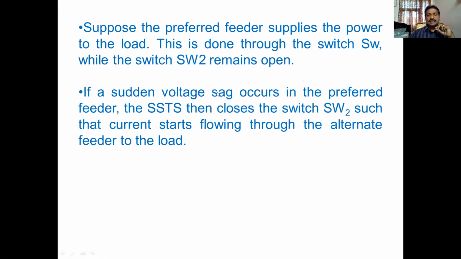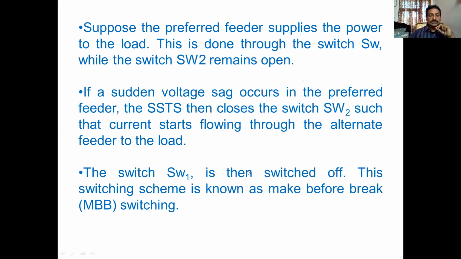If a sudden voltage sag occurs in the preferred feeder, the controller closes SW2 so that current starts flowing through the alternate feeder to the load. Then SW1 is switched off. This switching scheme is known as make before break switching.